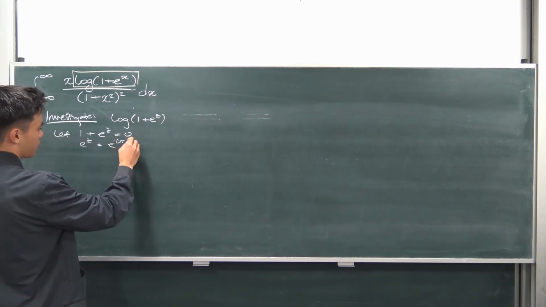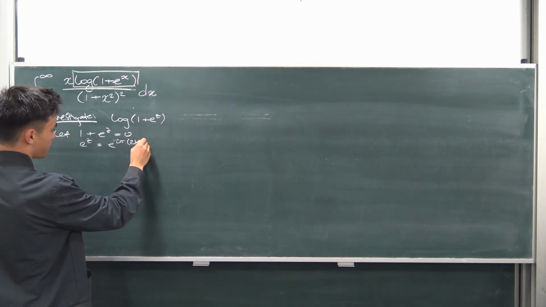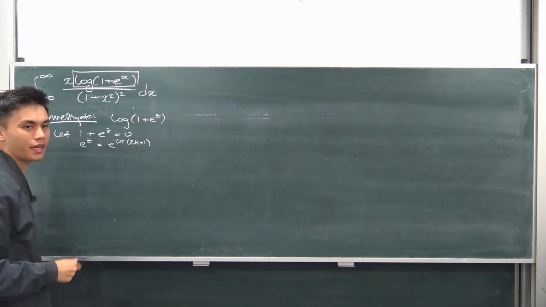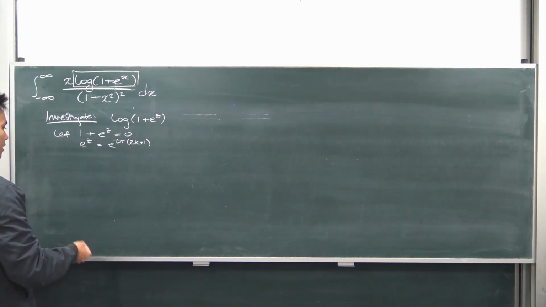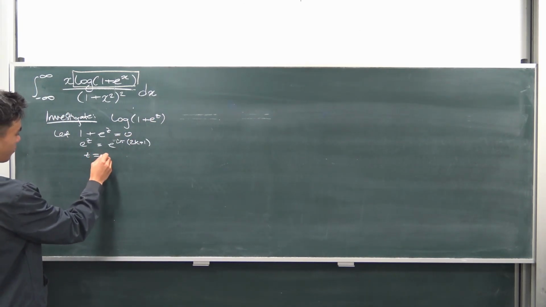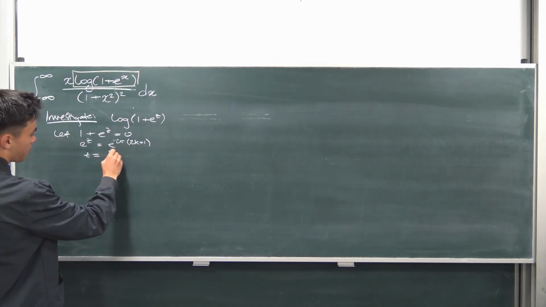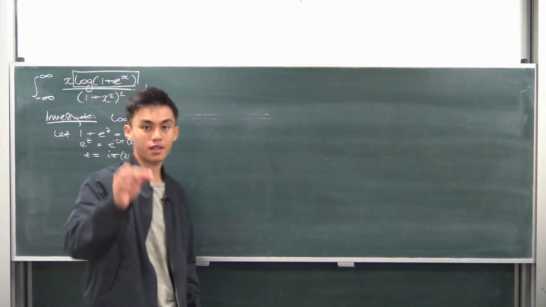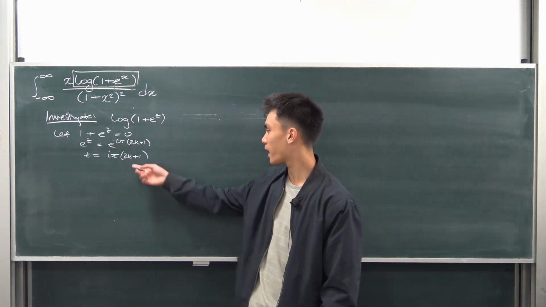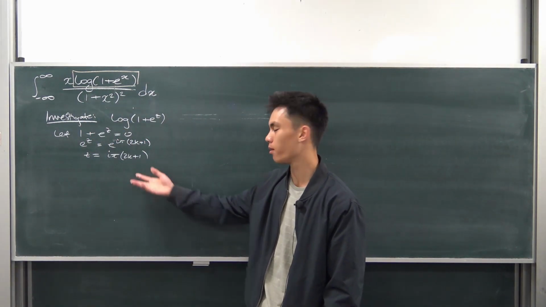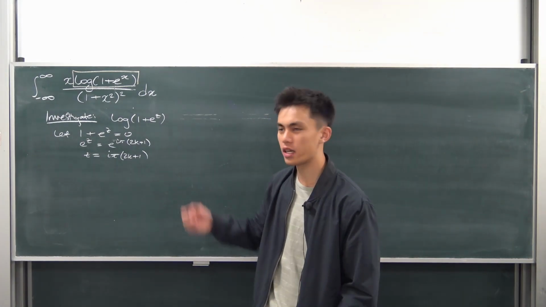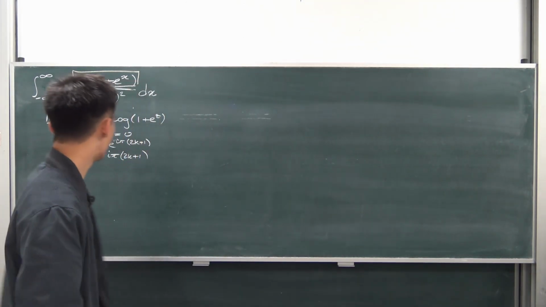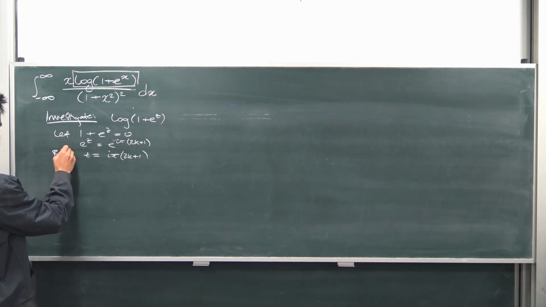So in general, you can multiply this exponent by 2k plus 1, where k is an integer. Comparing the exponents, we get z equal to i times pi times (2k plus 1). So we have branch points along the imaginary axis, at every odd integer multiple of pi. Okay, so branch points are fairly simple to figure out.